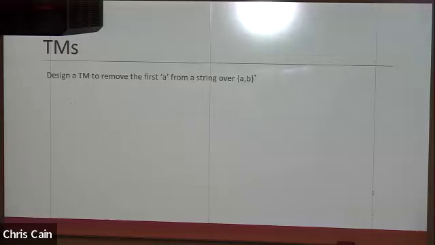I think you could do it with 4 states on one tape. I think there's a way of reducing it further, but state one scans so you see the first A. State two will move forward to the next symbol, store it. So we'll need a branch there for whether that stored thing was an A or a B. Move back, replace the stored character there, move forward and then reset.